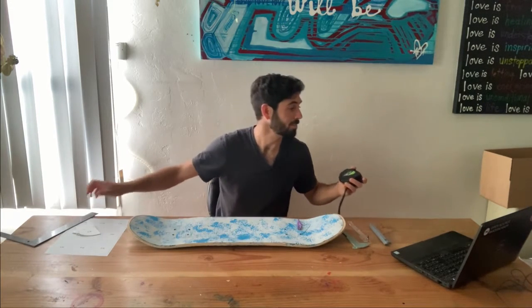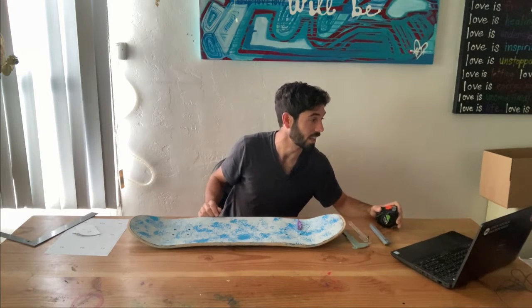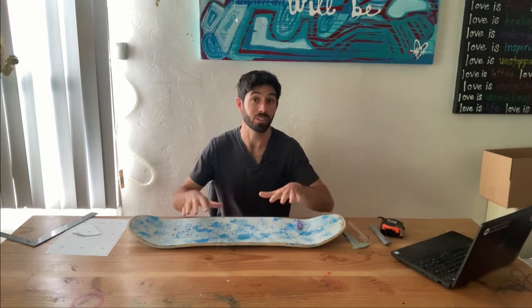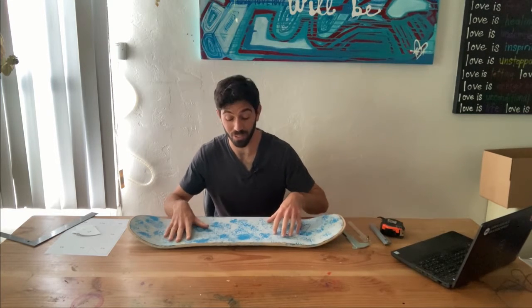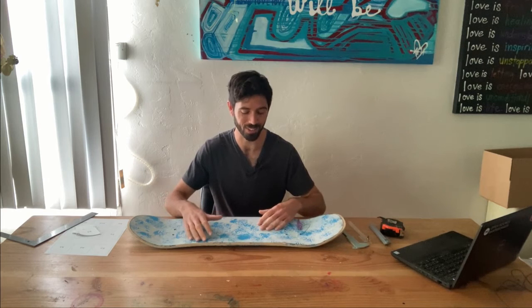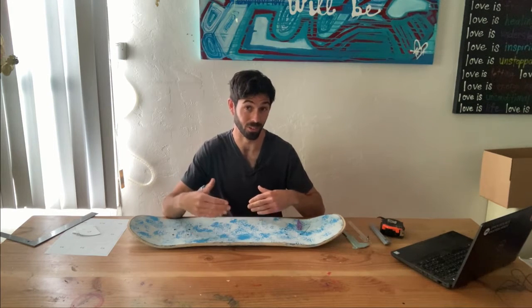The next parameter in SkateCAD is wheelbase. Oh, and I'll mention also what these parameters affect. With width, the less wide the board is, the more maneuverable and the lighter it is. The wider the board is, the more stable it feels.